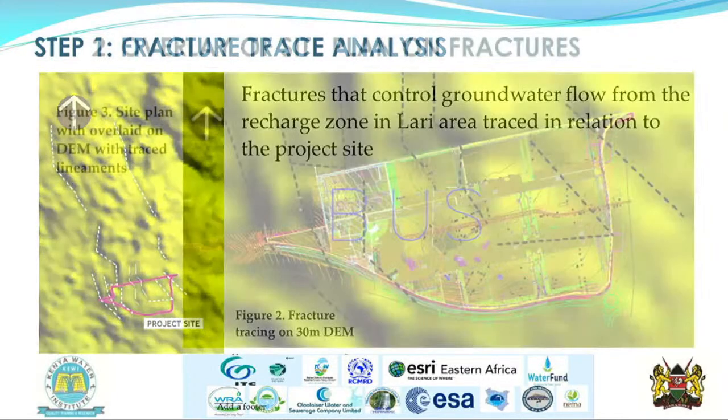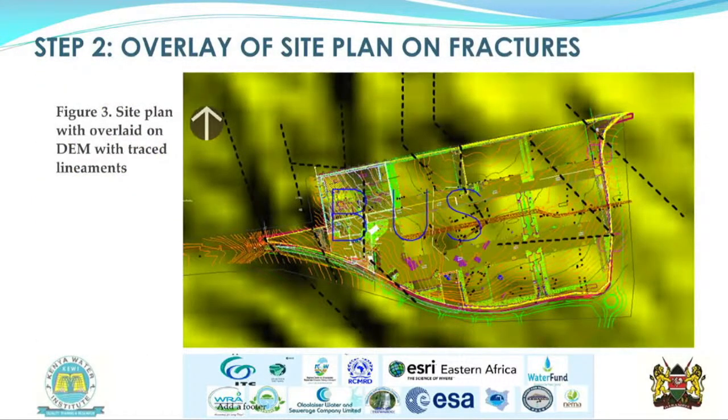And once we identify that, then we overlay the site facilities on the same, and identify our water flow paths across that particular site. And therefore, we are now at liberty to select the best location, both in terms of the amount of resource we want and in terms of the facilities within the site.